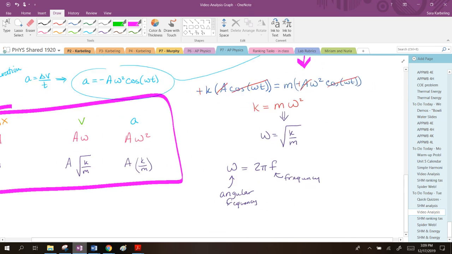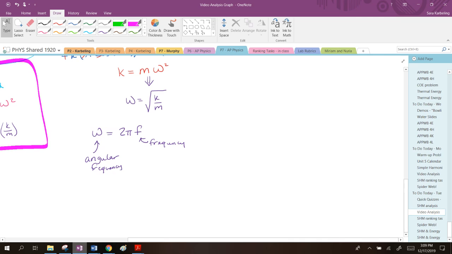Okay? So now let's do this. We're almost there. 2 pi f is equal to the square root of k over m. We could say that f is equal to 1 over 2 pi times the square root of k over m.